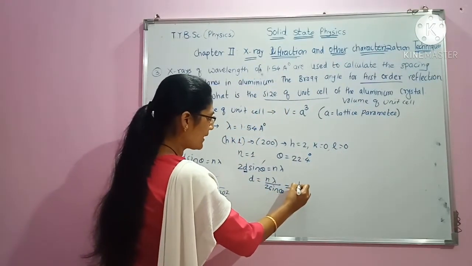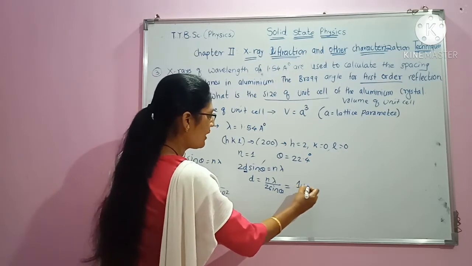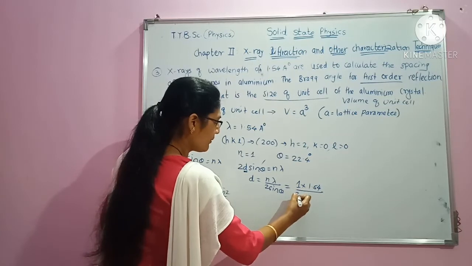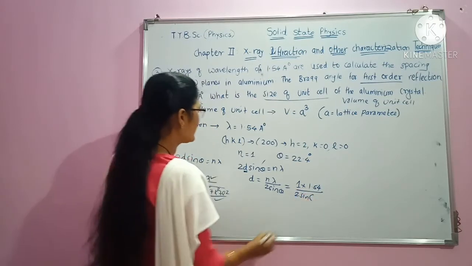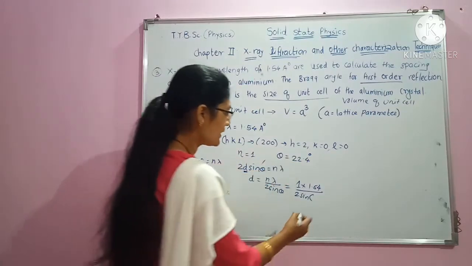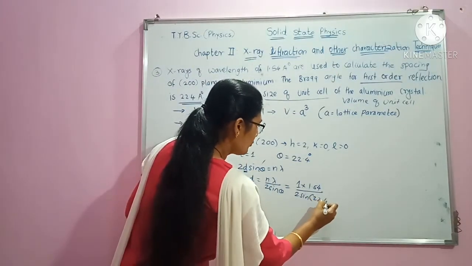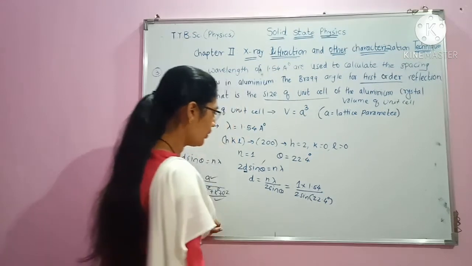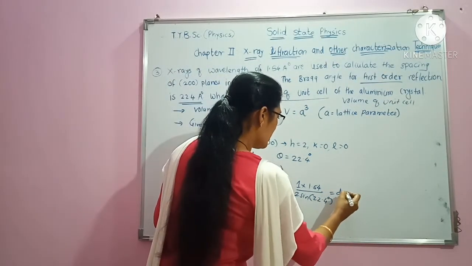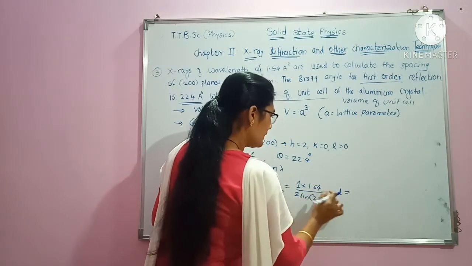So substitute n as 1, lambda is given as 1.54 angstrom, divided by 2 into sin theta, where theta is given as 22.4 degrees.